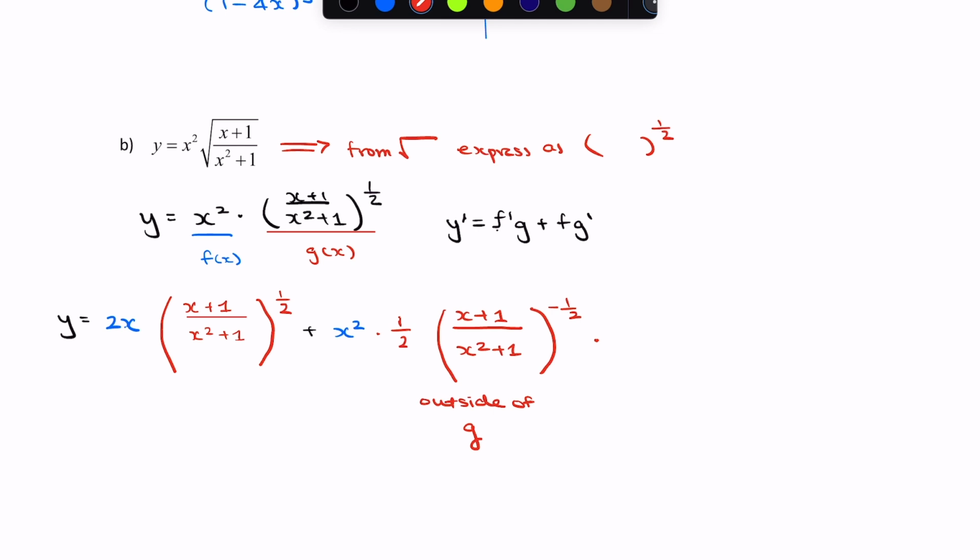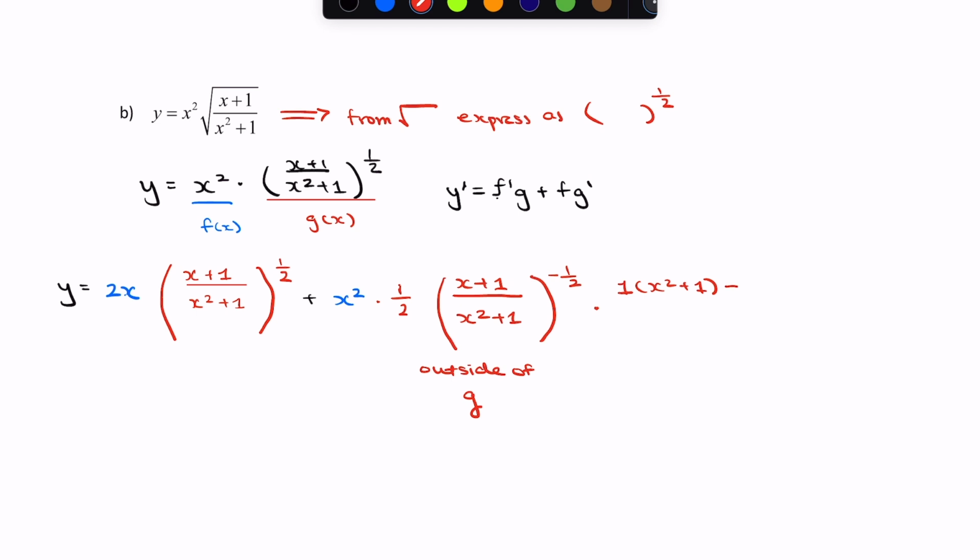Here, if we use the quotient rule, we get 1 times x squared plus 1, so f prime of x times g of x, minus f of x times g prime of x, over g squared, which is (x squared plus 1) squared.